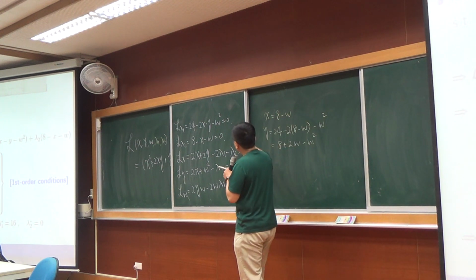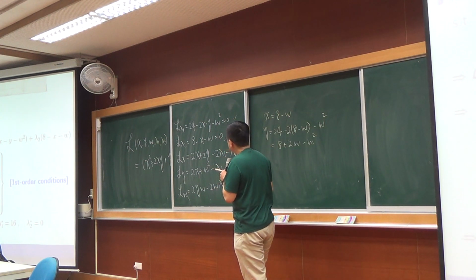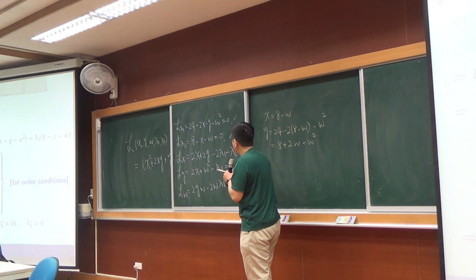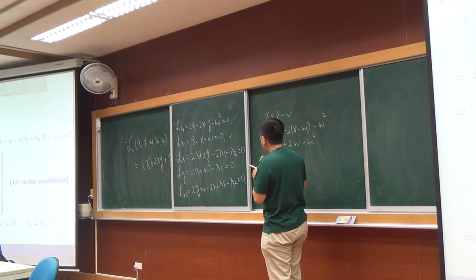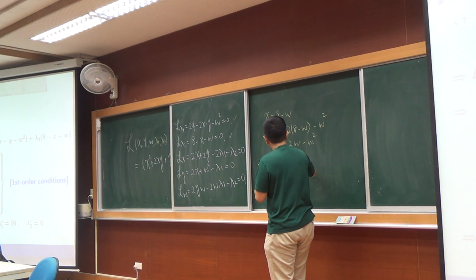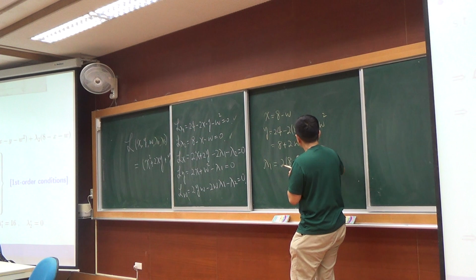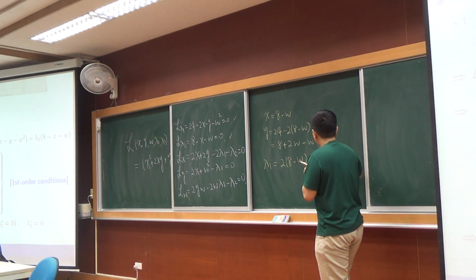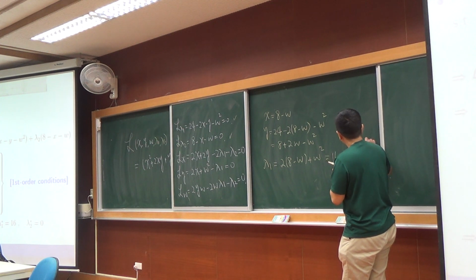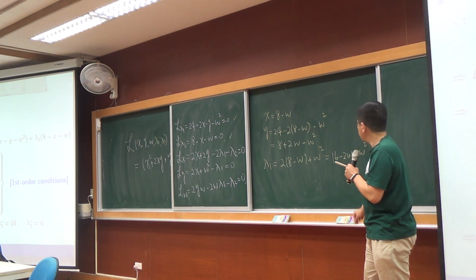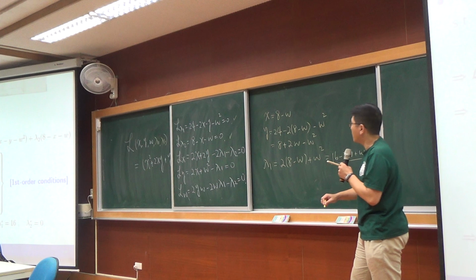And we have already used these two first order conditions, and what about the fourth one? So what about lambda 1? Lambda 1 would be 2x plus w squared, which would be 16 minus 2w plus w squared. Okay? This would be lambda 1.